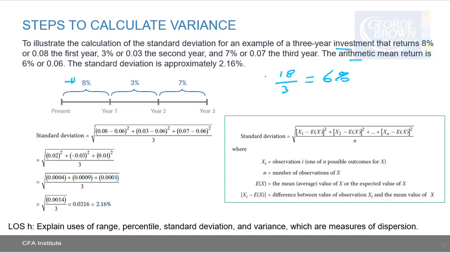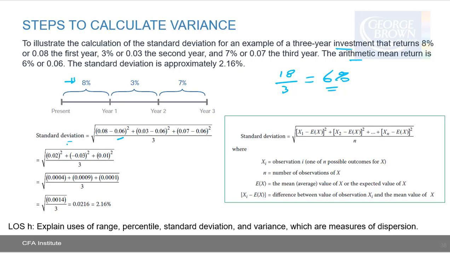So the next step was to calculate the average return. So we've got our average return of 6%. Then we know that the next step is to take our return. So we see our first return was 8% minus the average return, and then we're going to square it. Plus return number 2 minus average return squared, plus return number 3 minus average return squared, and we're going to divide by 3, okay?